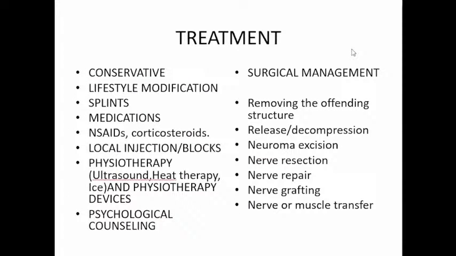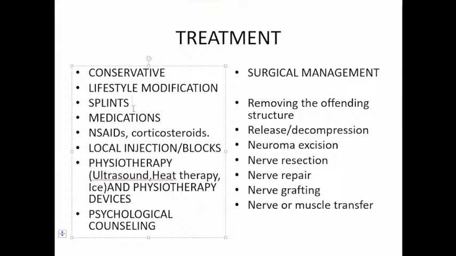What treatments are available? There are conservative and surgical treatments. Conservative includes lifestyle modification. For example, you may find a secretary who types a lot and she's getting carpal tunnel syndrome. Then she may need to reduce or break her typing sessions into blocks so that she does not type continuously for 4 hours, but takes breaks in between.